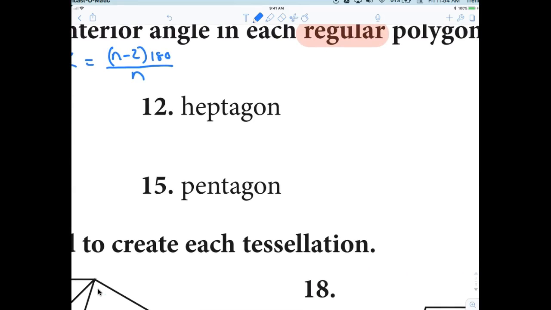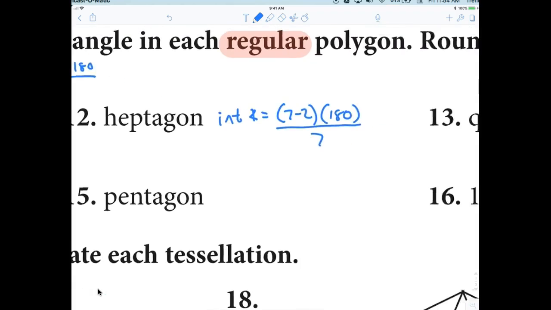All right, now let's take a look at number 12. For those guys who weren't good at spelling, you could have looked. Now you see what a heptagon looks like. Heptagon. Tell me, how many sides? 7 sides. So my interior angle, everybody do that now.